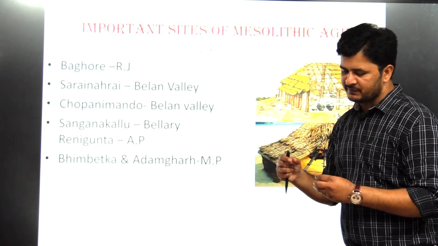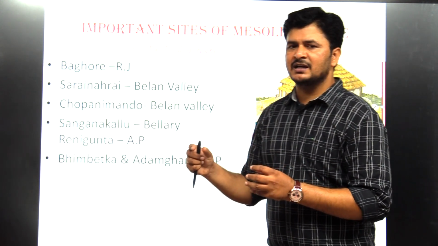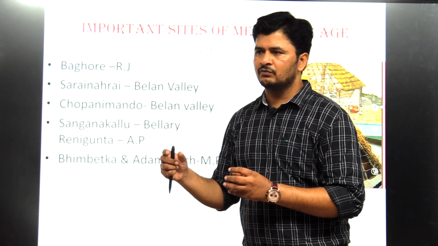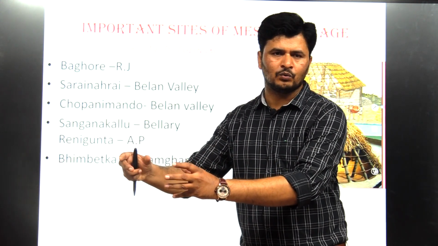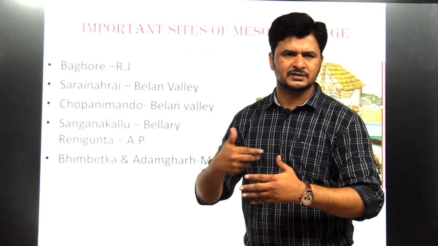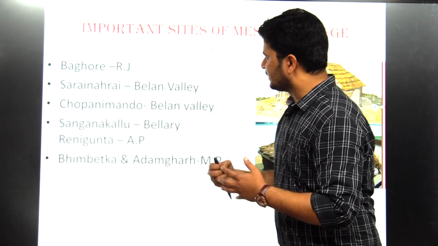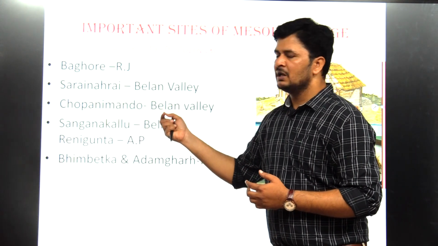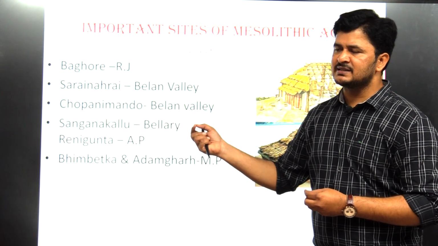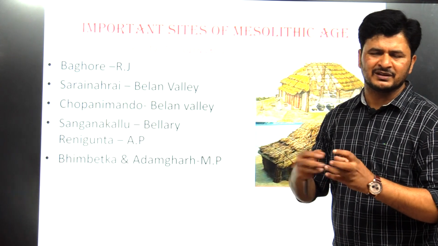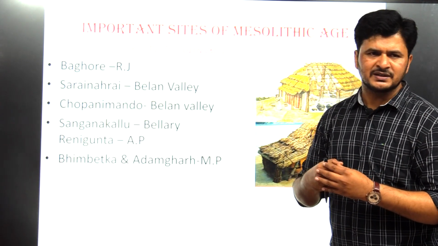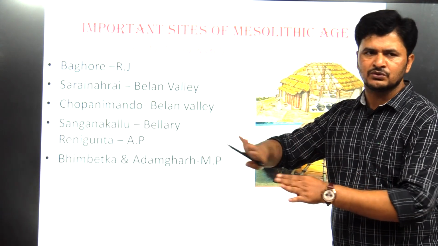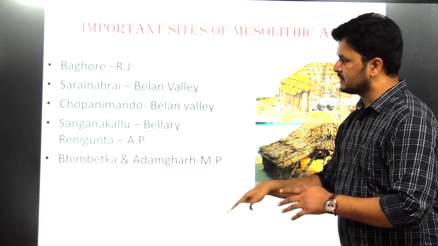As I was telling on the previous slide, the sites of Paleolithic cultures were found nearby water bodies, or valleys, river banks and all that. When it comes to the sites of Mesolithic cultures, the best example is Bagor, just one example, one of the prominent sites. We have at least hundreds and hundreds of sites of each and every culture. We're not here to discuss all this stuff, only important sites.